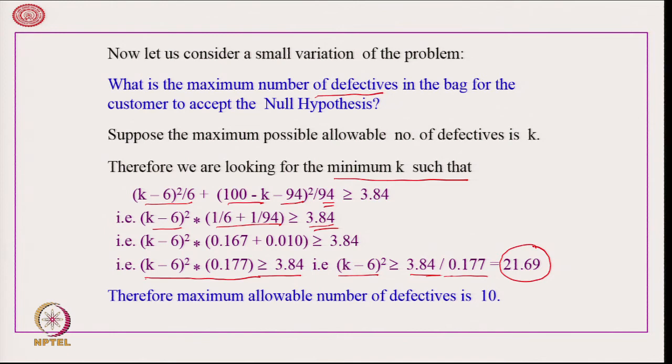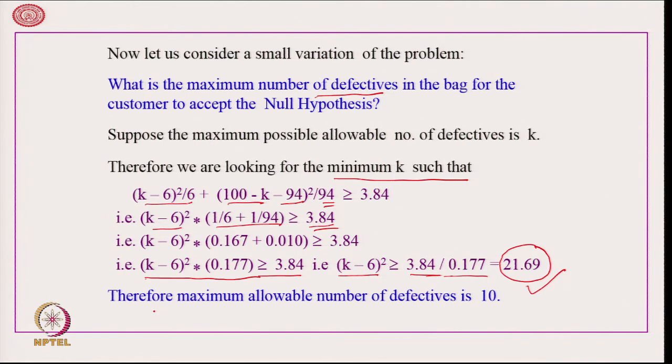21.69. Therefore, we shall reject the null hypothesis if k is such that (k minus 6) whole square is greater than 21.69. Therefore, we can easily see that the value of k can be 11.